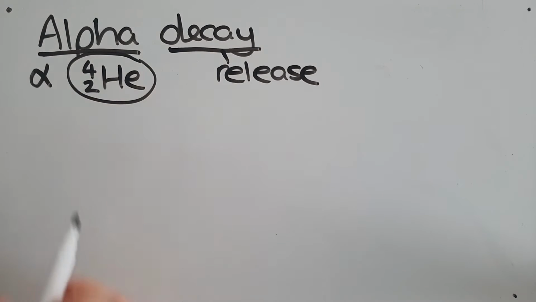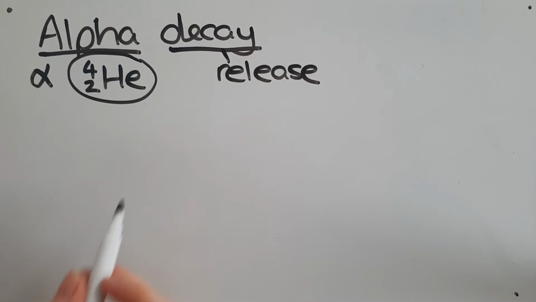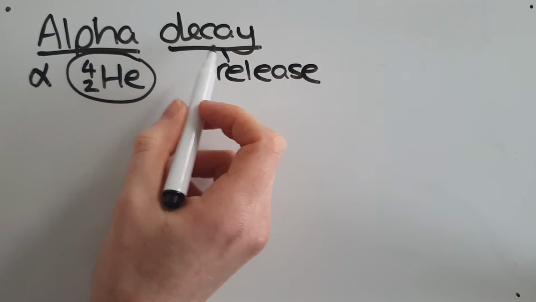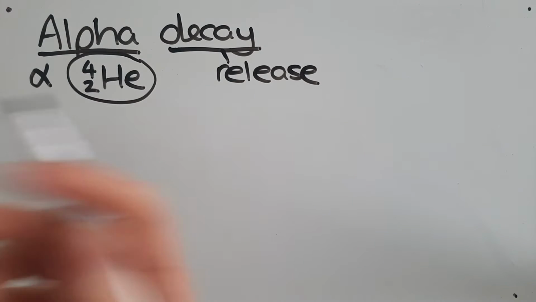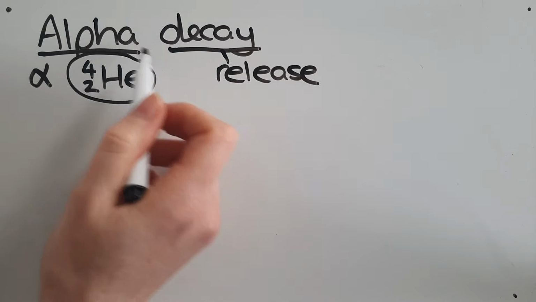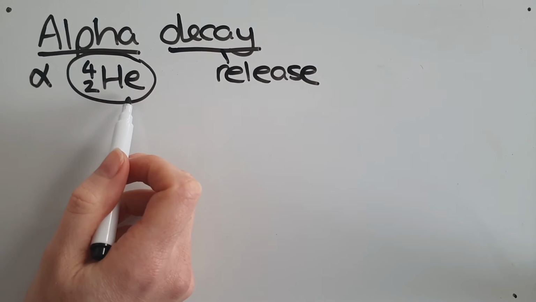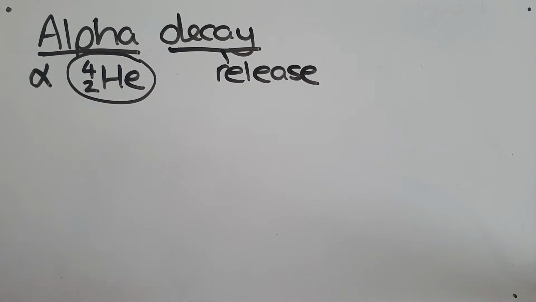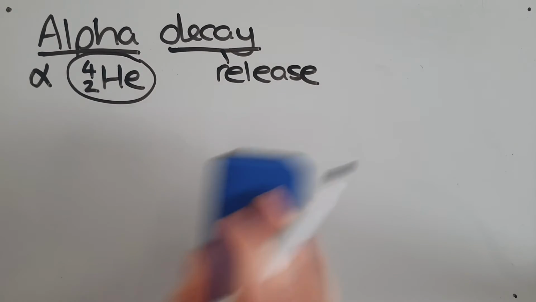This bit might make it difficult to complete, but would still be included. So essentially in alpha decay, your reaction or equation is showing an alpha particle, so 4 2 He, being released from a radioisotope or any substance. So that should be shown on the right hand side of your equation, after the arrow.